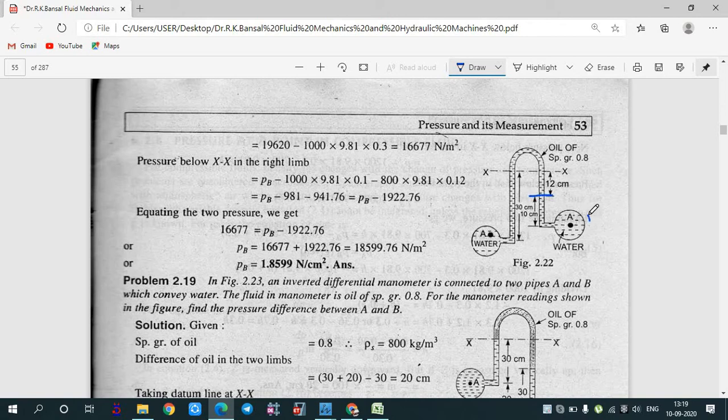The second one is B. It is written over here A, but it is B, okay. In this it also has the same liquid, which is your water. The height is 10 centimeter. From the center of A till the datum, the height is 30 centimeter, okay. So we need to find out the pressure at B. At this point, what is the pressure we need to calculate, okay.